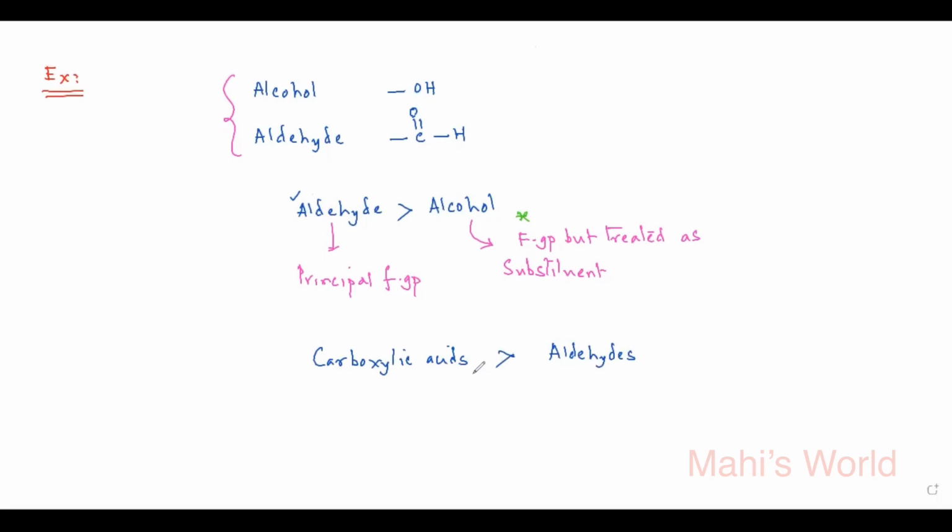Now, aldehydes have other functional groups having greater priority than them. So now, the carboxylic acid group is treated as principal functional group, whereas the aldehyde is treated as substituent. So this is what I want you to understand.